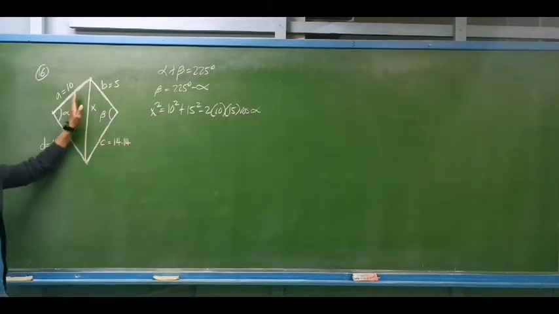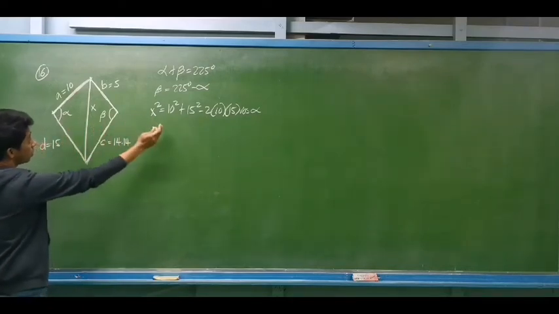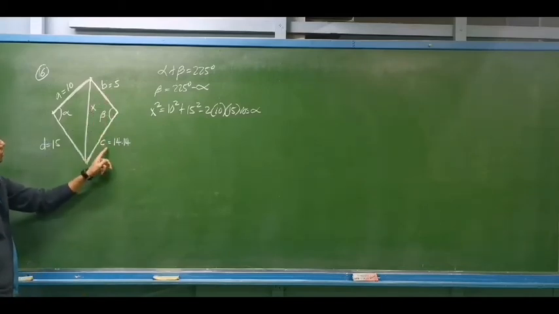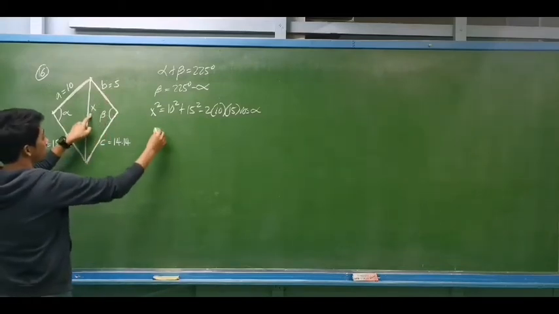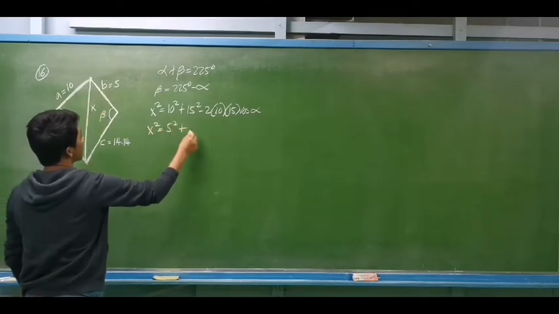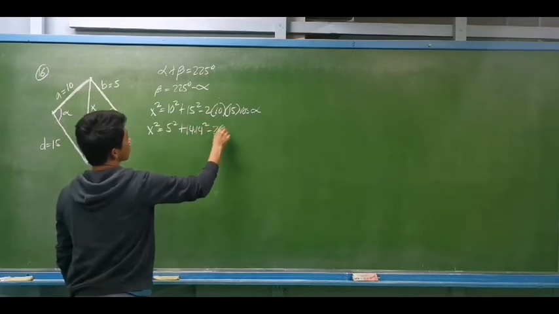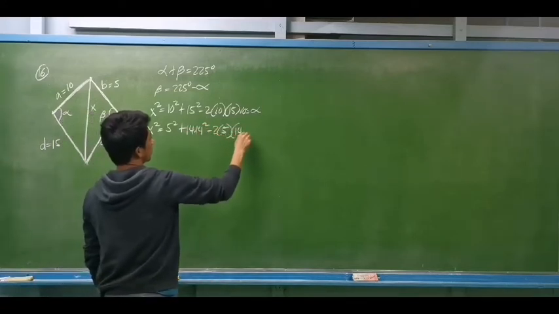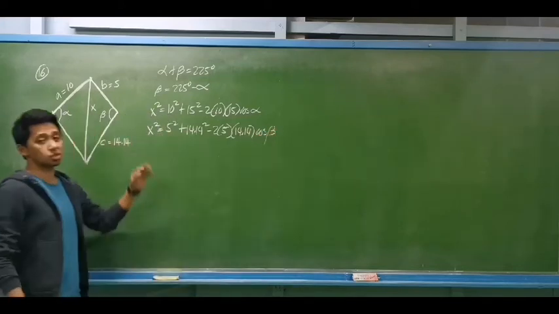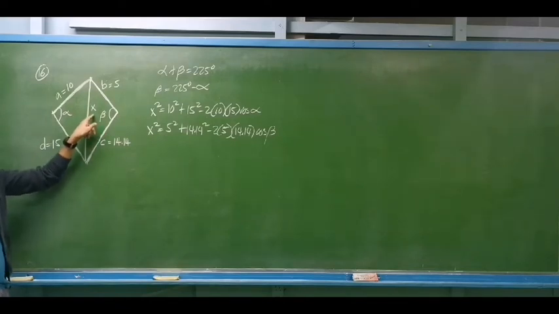Kung mag-cosine law ako dito sa right side naman, sides B at C, angle beta, x squared is equal to 5 squared plus 14.14 squared minus 2 times 5 times 14.14 times cosine of beta.